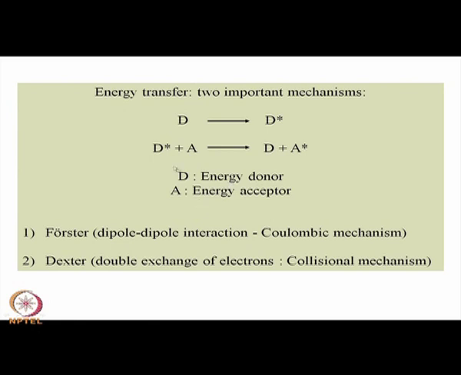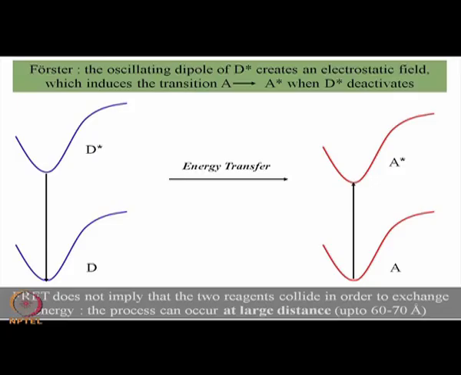Here D is called the energy donor, and the other one is called the energy acceptor. Now, the collisional mechanism is called the Dexter. In the case of Foster, the oscillating dipole of D star creates an electrostatic field, an electrical field, which induces a transition from A to A star when D star deactivates.